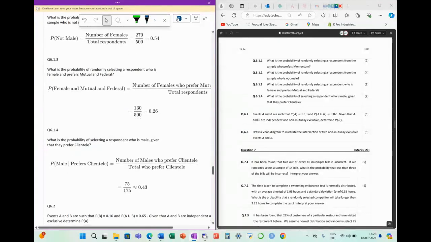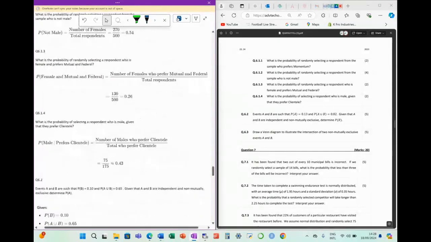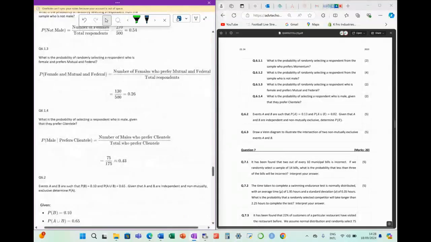Now the third one here, they're saying what is the probability of randomly selecting a respondent who is female and prefers Mutual and Federal? Here can you see this is not a conditional, this is a joint. Sorry? Yes, we are multiplying. Well, we would have multiplied. You can do it one of two ways.